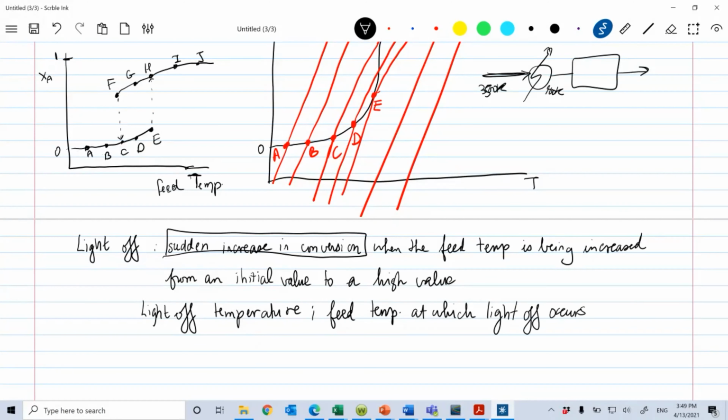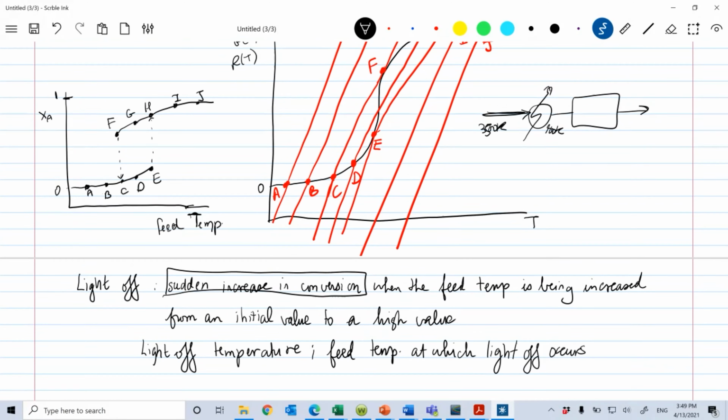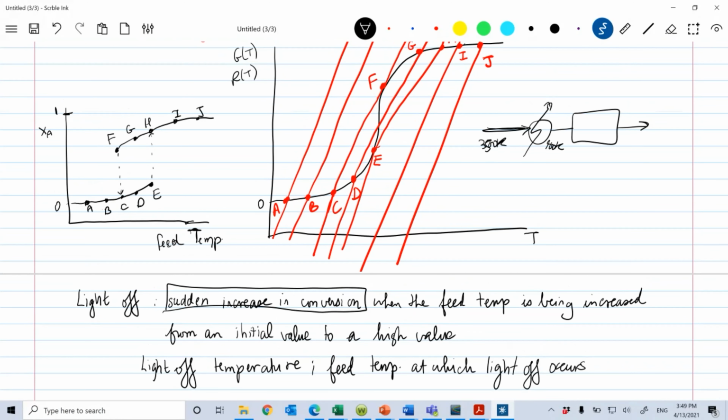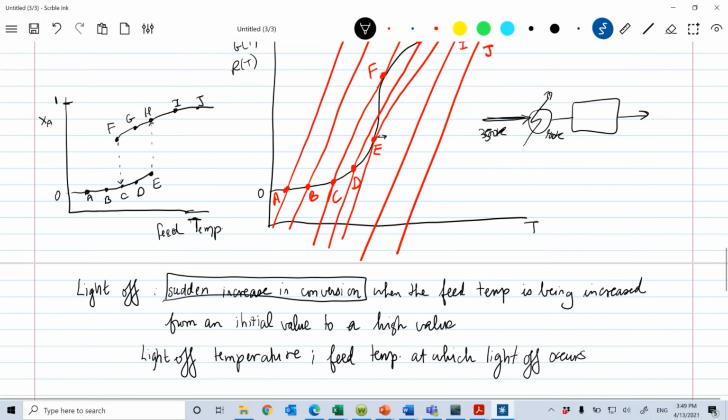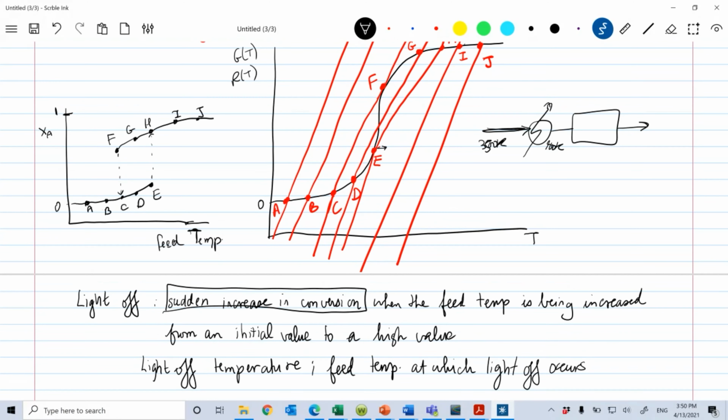Okay, so essentially, you can think of the feed temperature that gives you point E as in fact your light off temperature, right? Because if it moves ever so slightly to the right, it takes off. So this curve does not have T naught on it, right? This is not T naught.